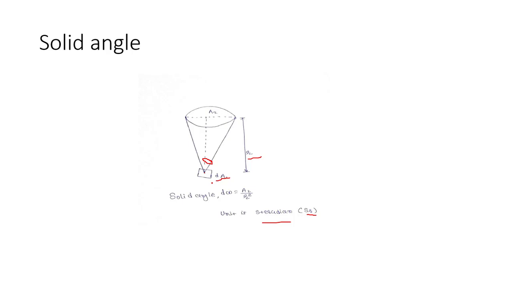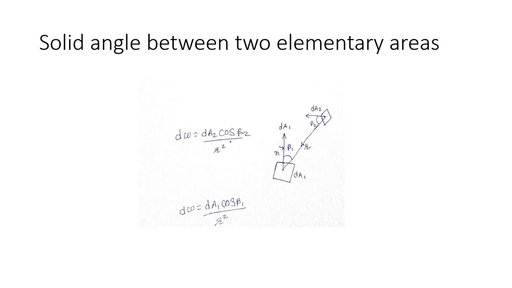If radiation is transferred from one area to another area, we can consider one cone for that, and the solid angle of that cone is d omega equal to A2 upon r square. Now if we consider two areas dA1 and dA2, the radiation is transferred from 1 to 2 or 2 to 1.